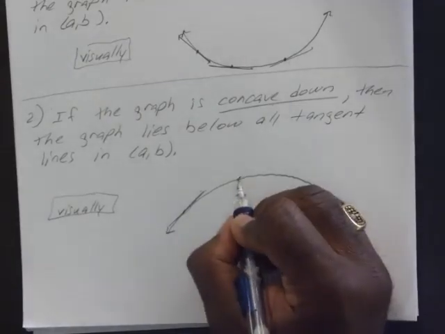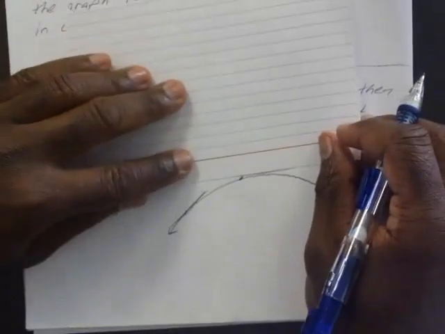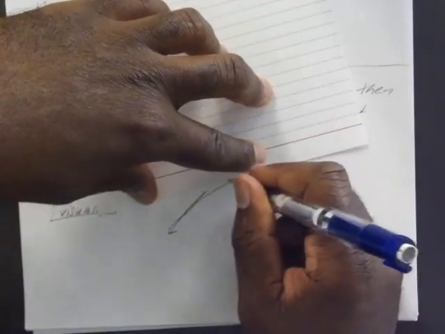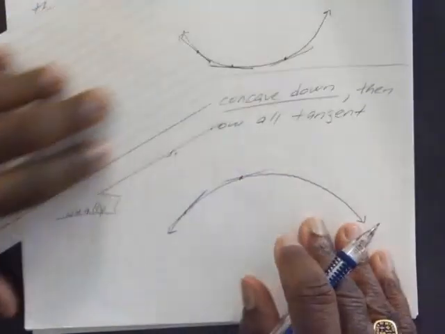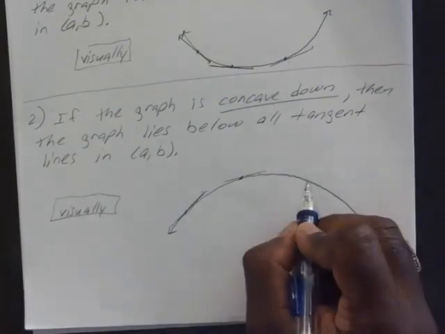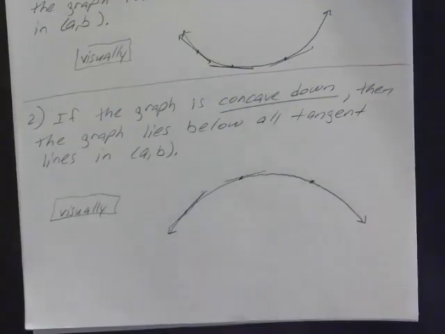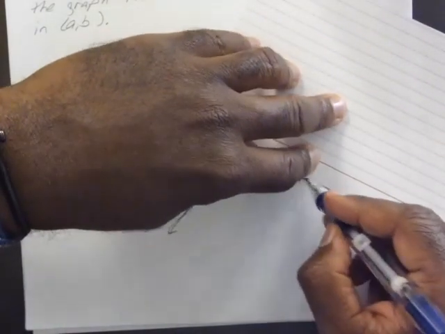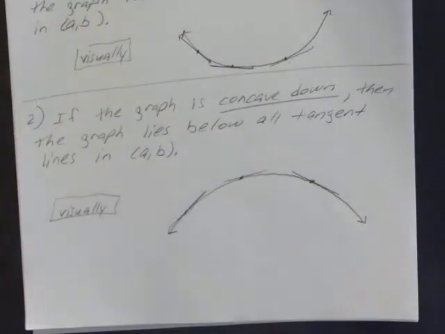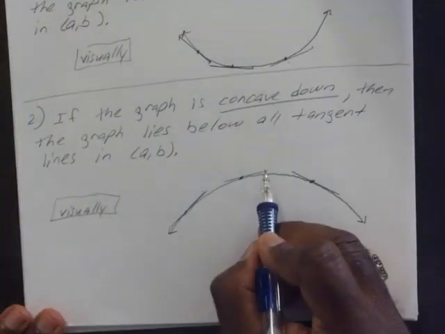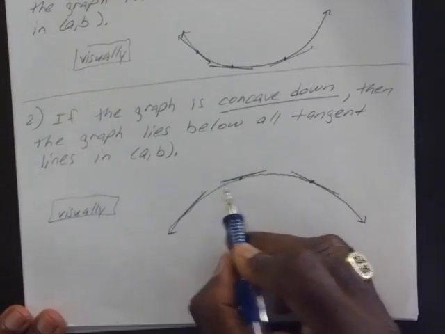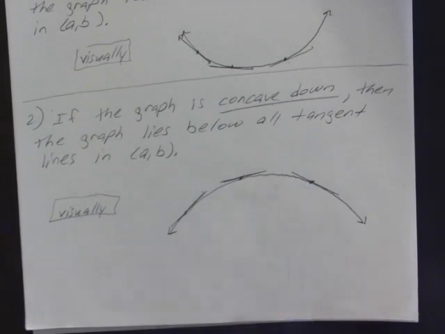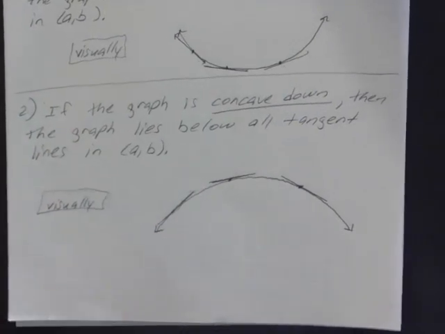Or if we wanted to plot it here, it would look somewhat like this. Or if we wanted to plot our tangent line here, it'll look a little like this. But the one thing they all have in common is that all of the tangent lines are above the graph, or the graph is below all the tangent lines. Oops, straighten that up.